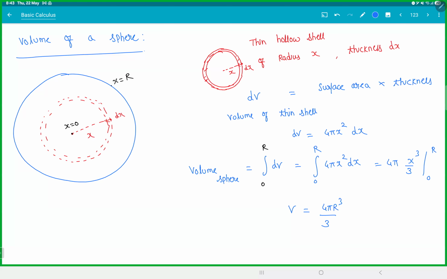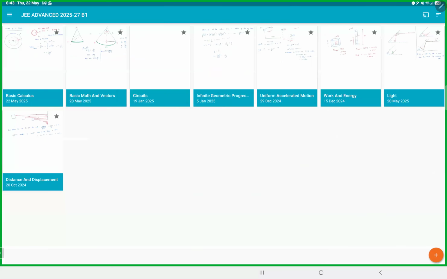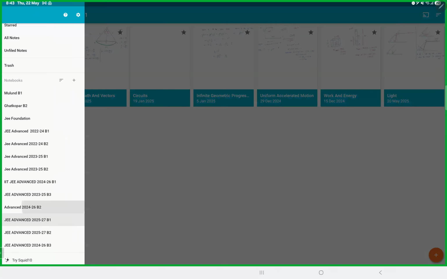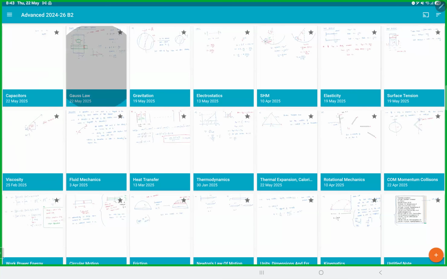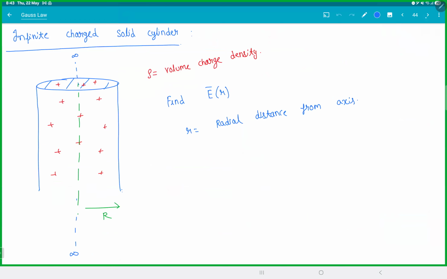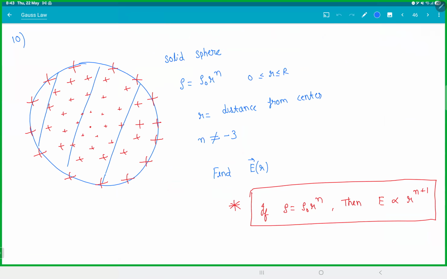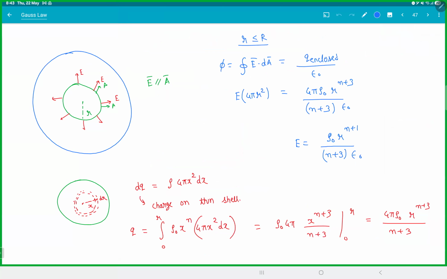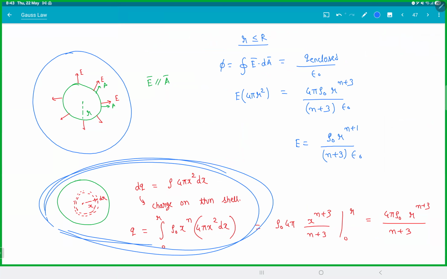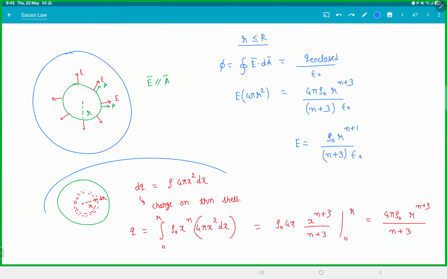Everyone got this? So now we encounter these kinds of questions. Recently we did this, and there was a question like this. Here you can see we are trying to find some charge of a shell. So these integrations keep popping up.